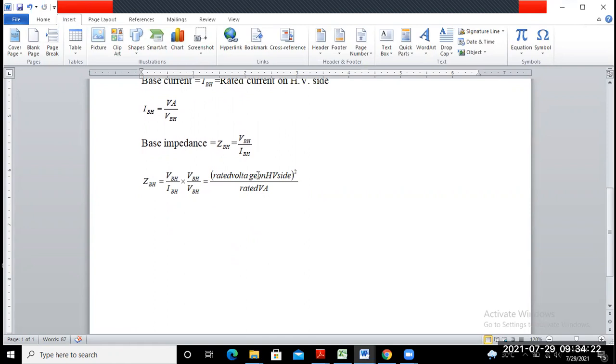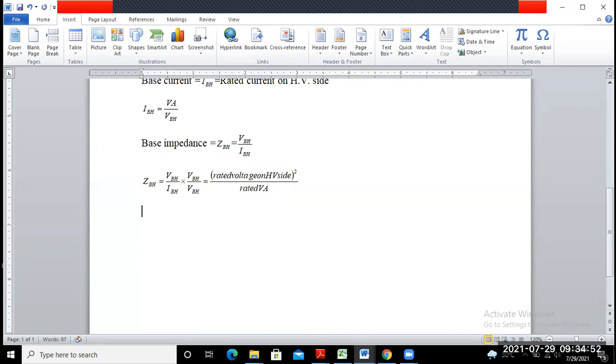If we take 1000 whole square inside the bracket, we can write the voltage in kilovolt in the numerator, and in the denominator part it becomes 1000 whole square, which may be written as 10 to the power 6.